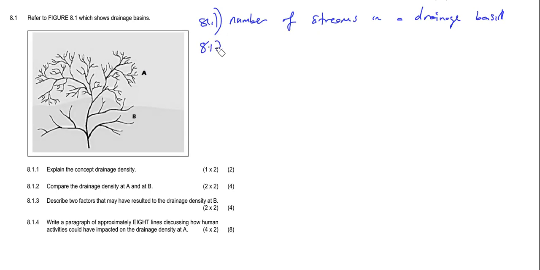Let's look at number 2. Compare the drainage density at A and at B. So here we are saying at A we've got high drainage density, more streams.